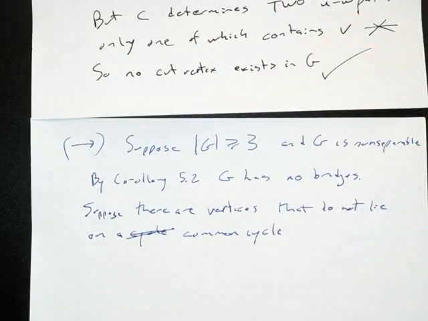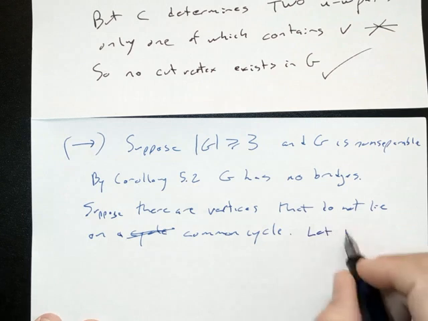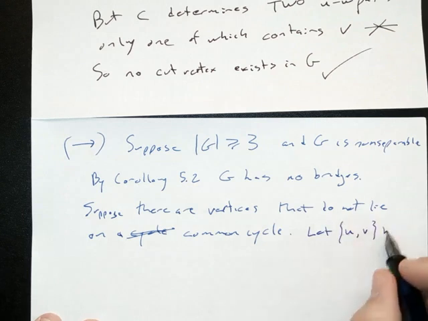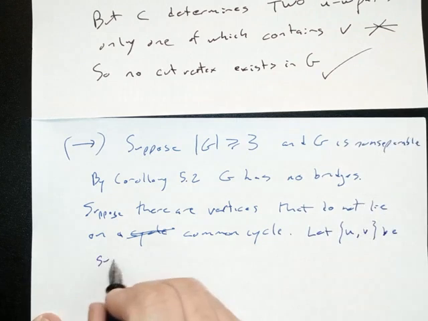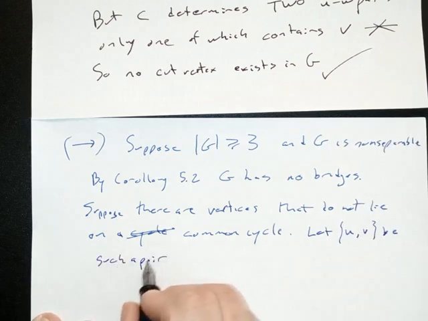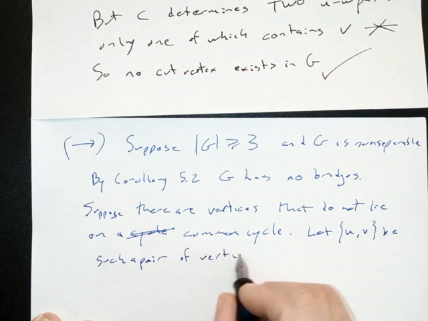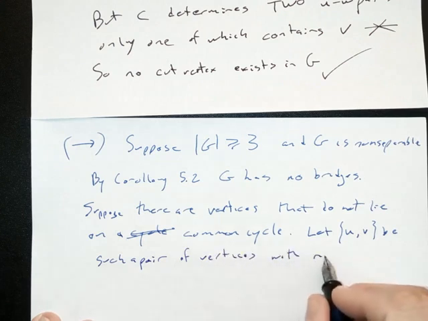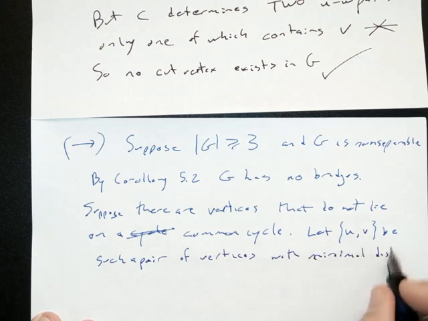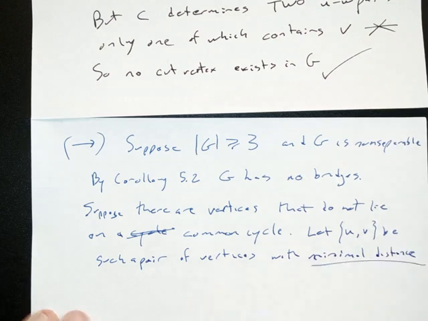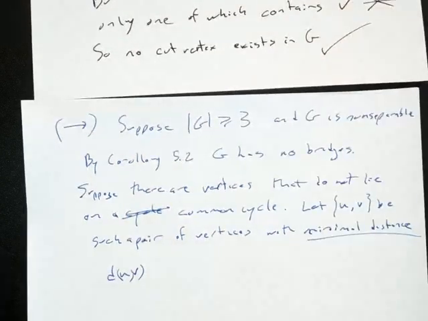I want the two of those vertices that are closest together. Let U and V be such a pair of vertices with minimal distance. So DUV is as small as we can get while still having no common cycle.